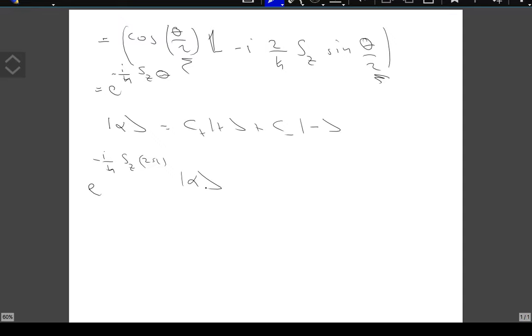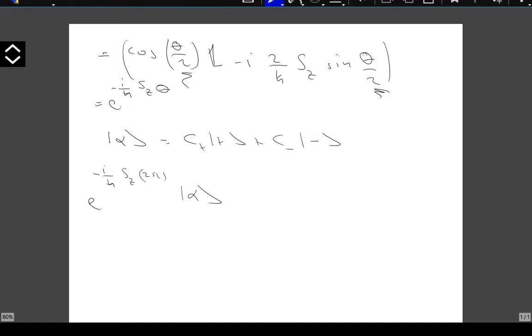A rotation by 2 pi is one full rotation, and naively we would expect our system to return to its initial state. If you look at the expectation values, they just rotate with cosine theta, sine theta, and a rotation by 2 pi would leave the expectation values of vectors invariant. So the expectation value of Sx will not change under a rotation by 2 pi.